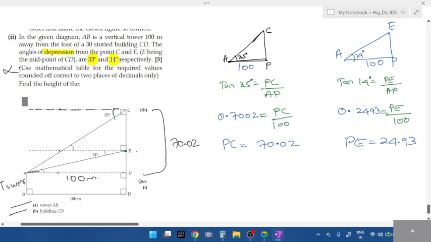What about PE? 24.93. If I subtract, which value will I get? Very good, EC. So what is the value of EC or CE? For EC, which one do I have to subtract? PC minus PE. All of you can subtract this. Tell me the value of EC.